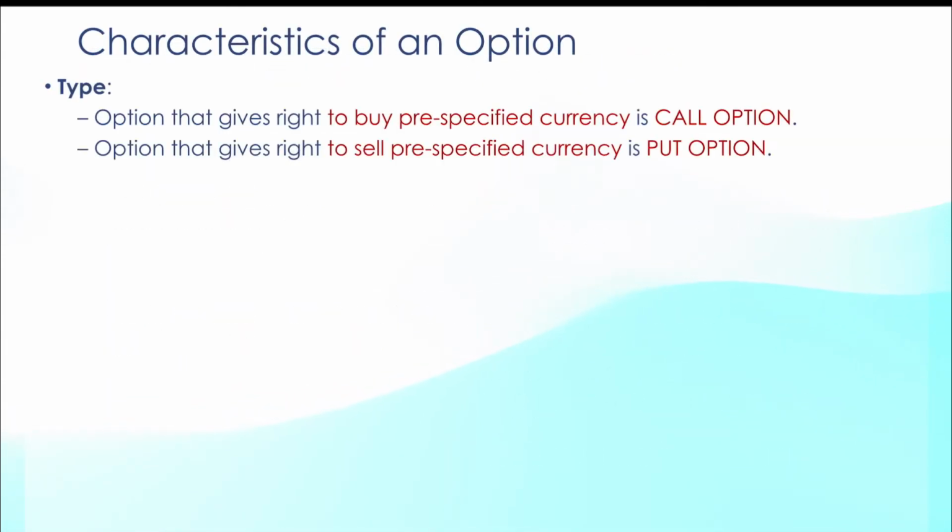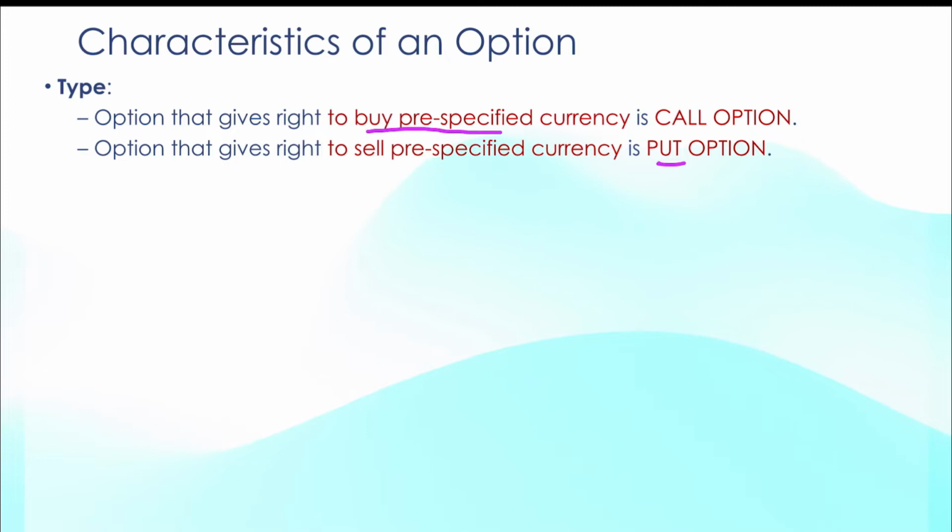Now let's look at the characteristics of options. There are two types of options. Options that give the right to buy a pre-specified currency are called call options, and options that give the right to sell a pre-specified currency are called put options.